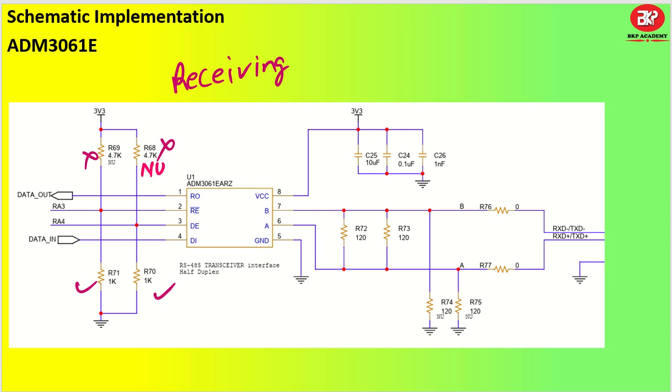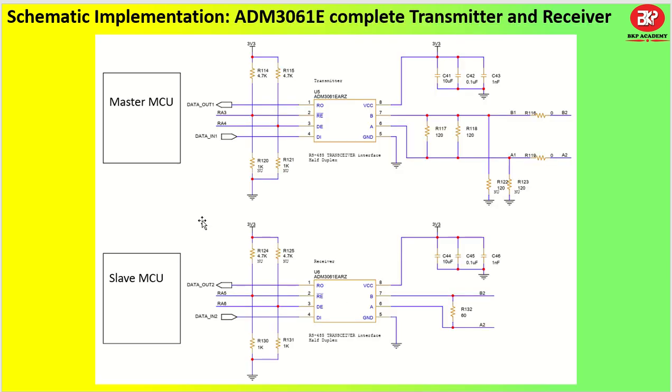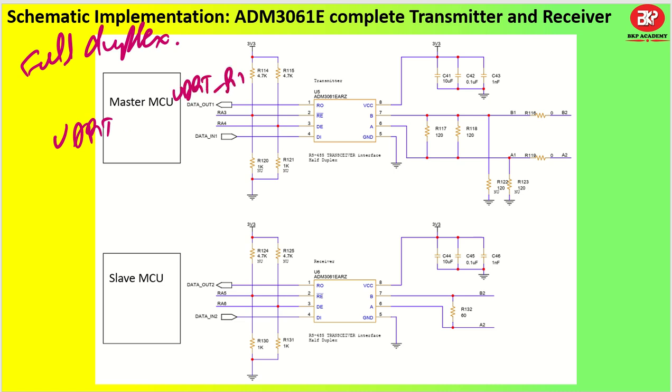All right, coming to full duplex, so this is my full duplex. In full duplex, one will be acting as, let's say, the master MCU, so it has UART TX and UART RX. Data 1 is going to get connected to UART RX, and this will be connected to UART TX. Okay, and it is acting as a transmitter, meaning both of them have been pulled up.